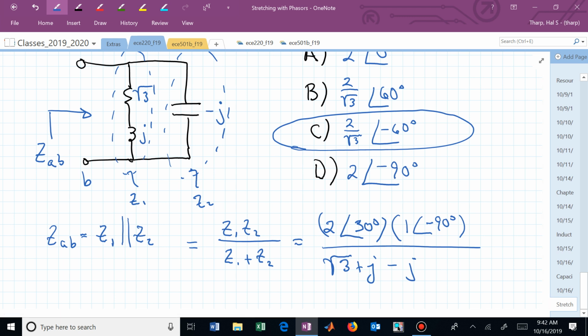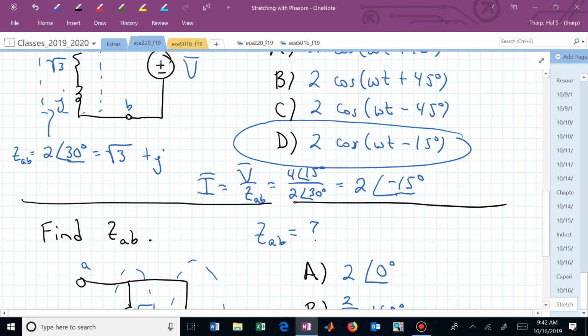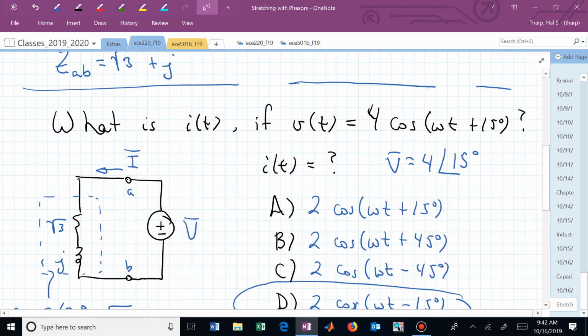Just block those pieces up into boxes and say, here's impedance 1, here's impedance 2. Let me treat those like resistors, and now I know how to work it with the appropriate magnitudes given by the phasor transform relationship of going from the time domain into the frequency domain.